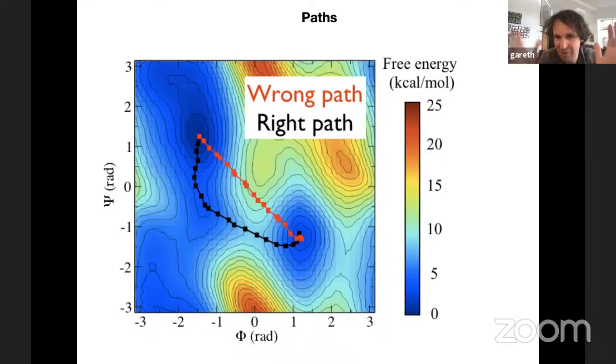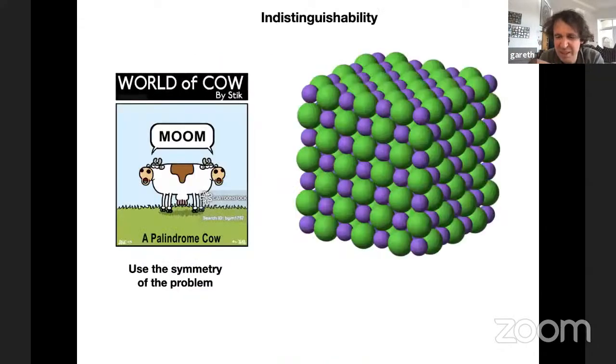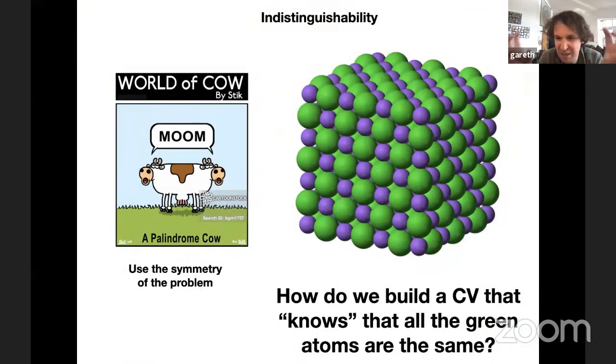Okay, so those are the first bits of the tutorial, and then the last topic that I wanted to cover concerns a problem that comes up quite often if you're interested in solid state systems, which is the issue of indistinguishability. So if you've got multiple atoms that are of the same type. So here, for example, I've got a solid, solid sodium chloride, and we want to build a CV that knows that all of the green atoms are the same, okay?